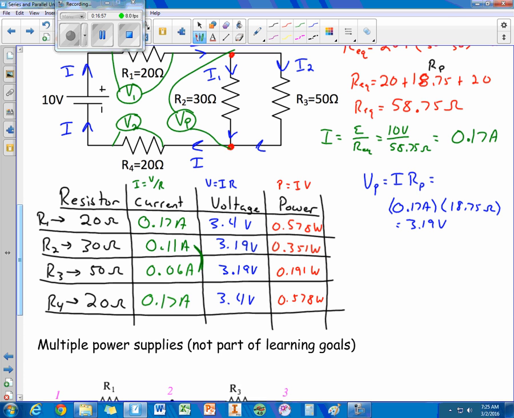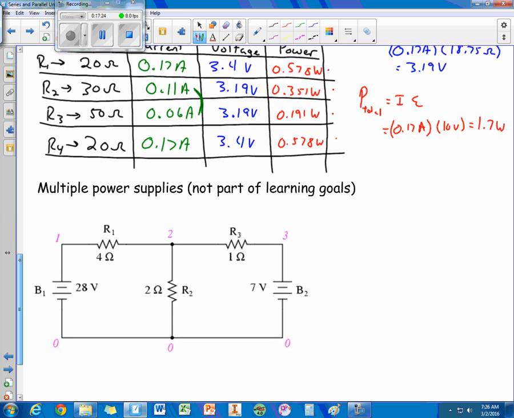If I wanted to, I can calculate my total power consumed. So 1.7 watts, and if I added together these four powers, I would get something very close to 1.7 watts.